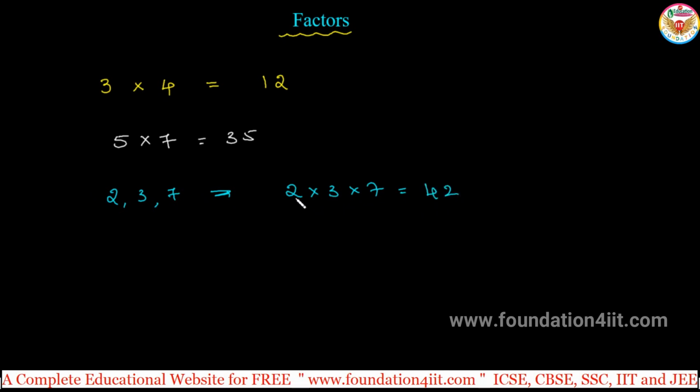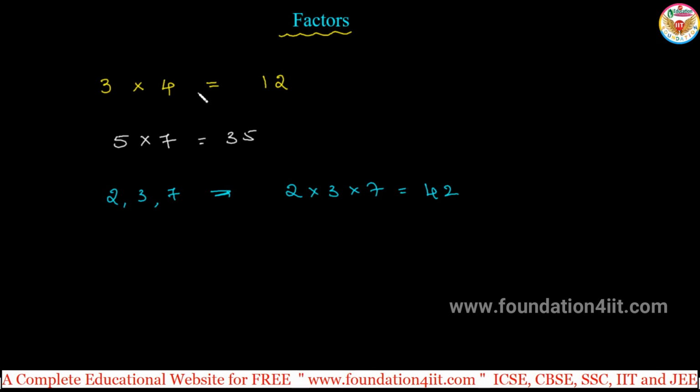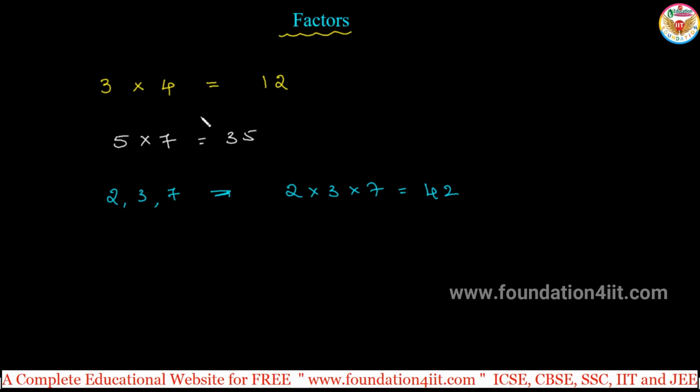Therefore 2 is a factor of 42, 3 is also a factor of 42, and 7 is a factor of 42. So all these numbers are factors of 42. That means when two or more numbers are multiplied together, the result is referred to as their product, and each number multiplied is called a factor.